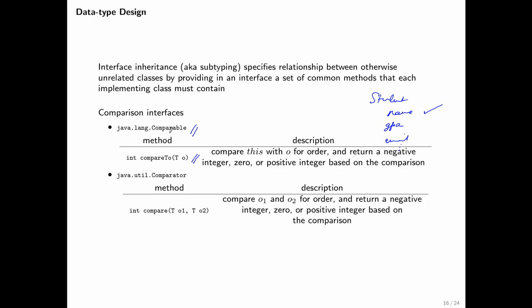So you can use a combination of Comparable and Comparator to provide any number of orderings for your data type. And that's what I'm going to illustrate in the next example.